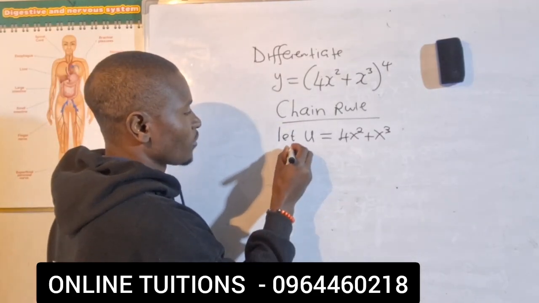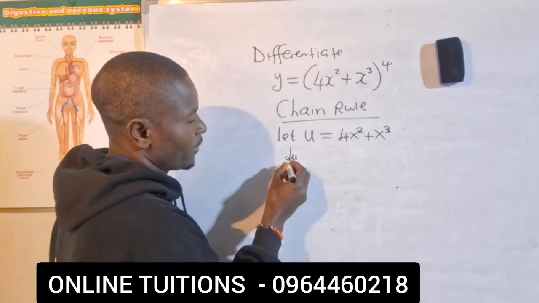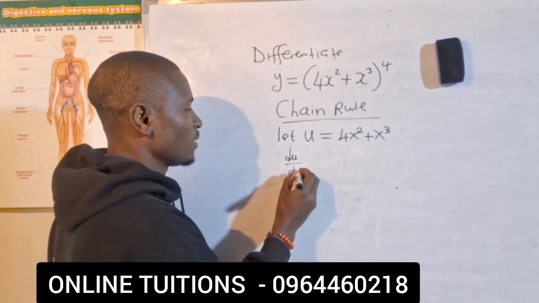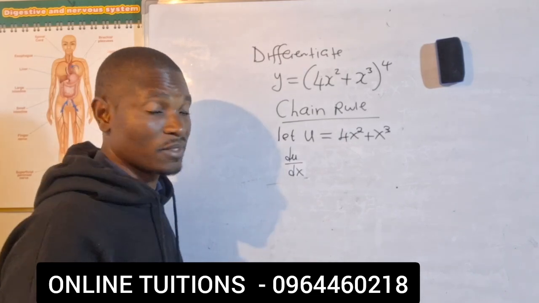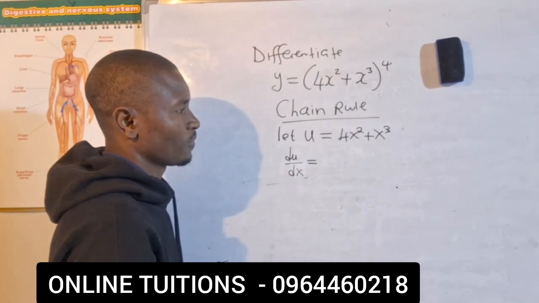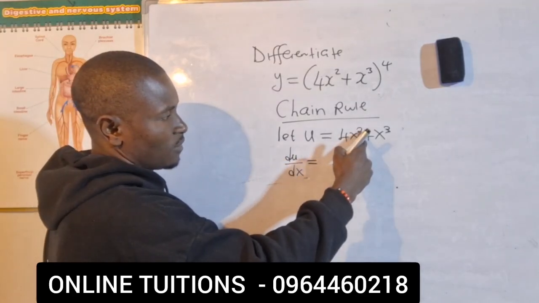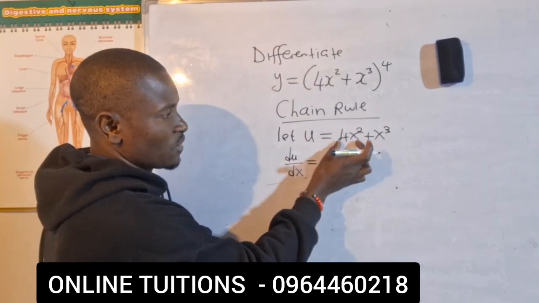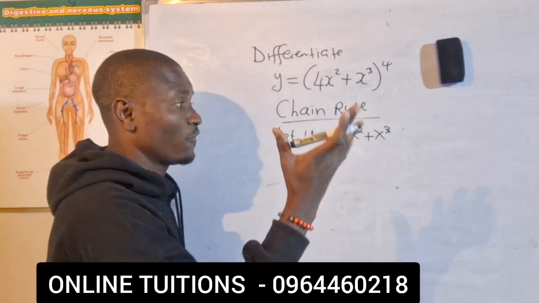So I'm going to say du over dx. u and x are the variables, so du over dx is equal to, so individually, this term you differentiate separately.